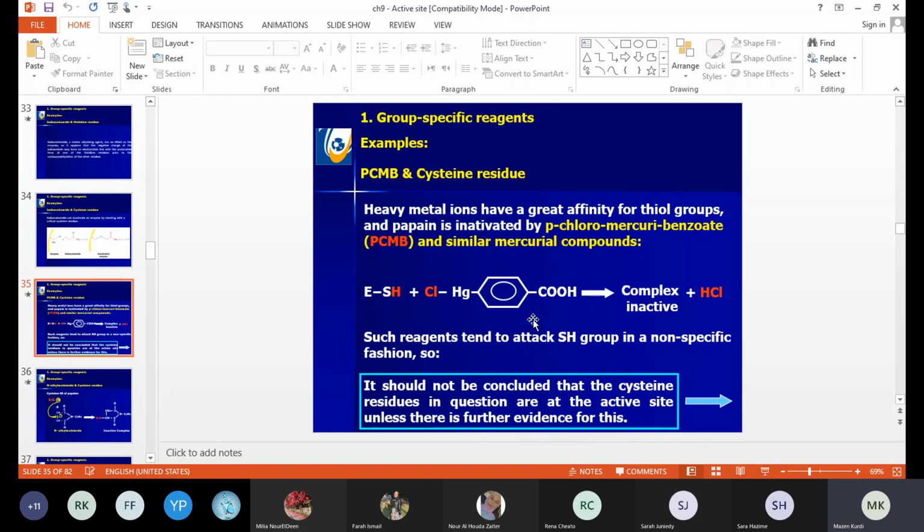Okay? That's why, usually, when we use PCMB in a reaction and get an inactive complex, it may be cysteine, but you cannot confirm it, and you have to do a further reaction to validate this point.